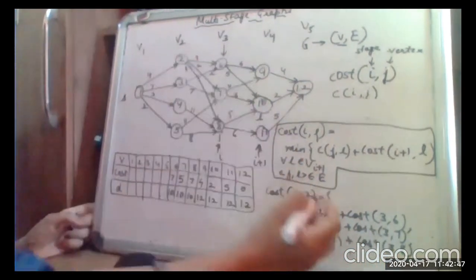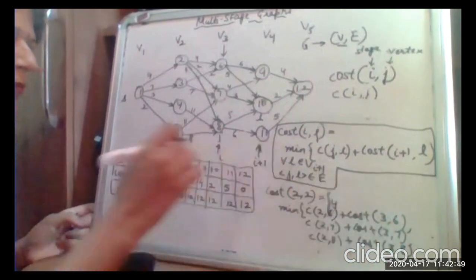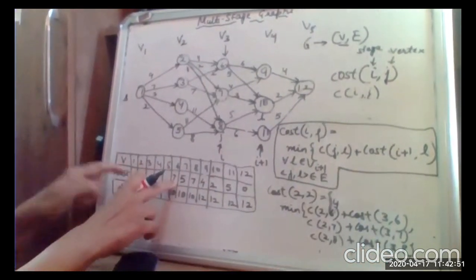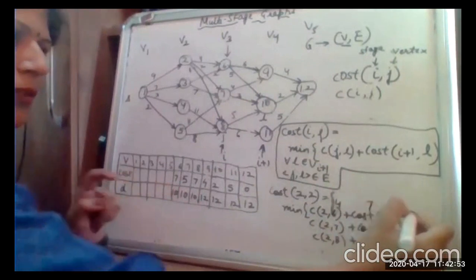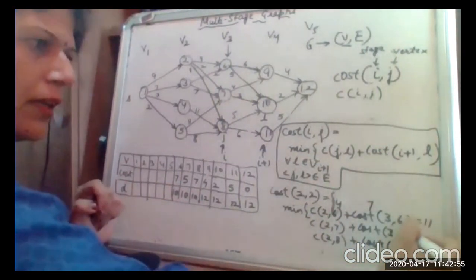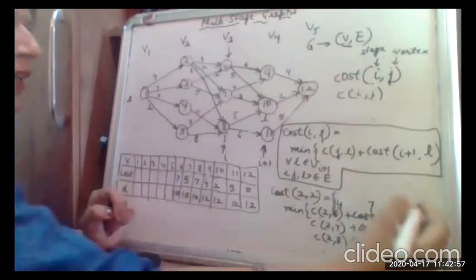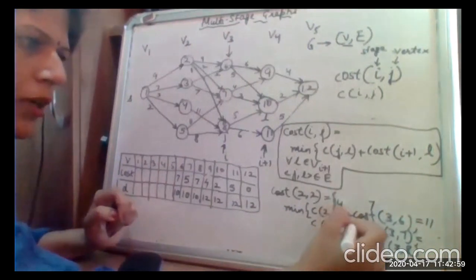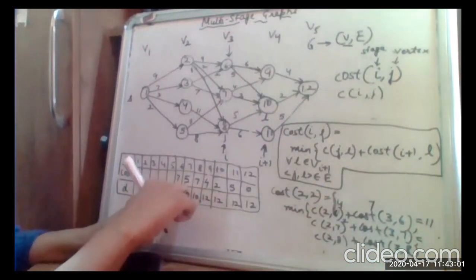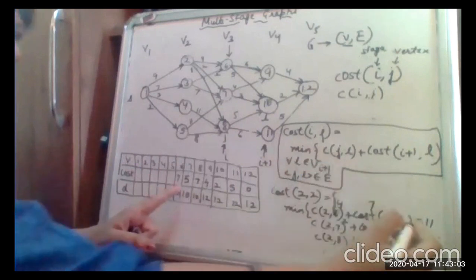2 to 6 is 4. Cost of 6 at the third stage is 7. So this is equal to 11. Second one, 2 to 7 is 2 plus 3 to 7. Third stage, seventh vertex is 5.